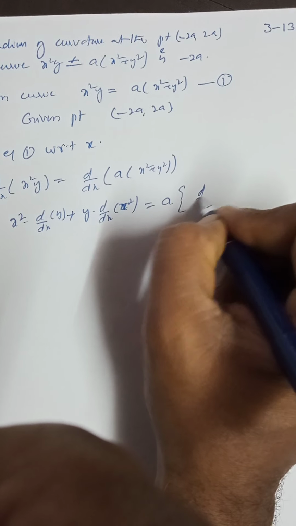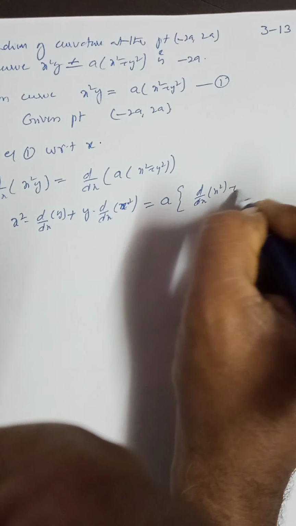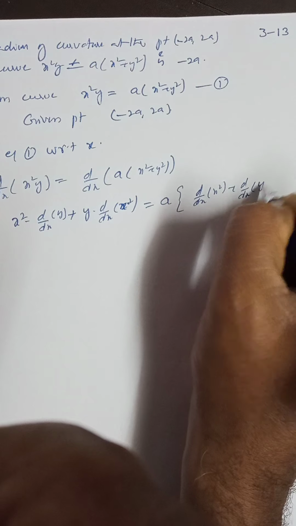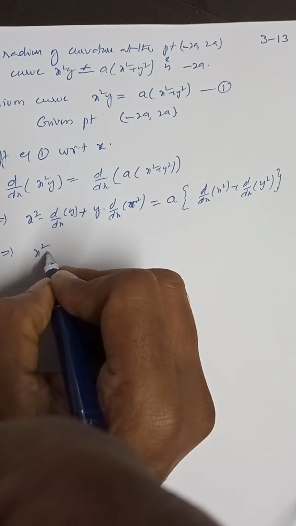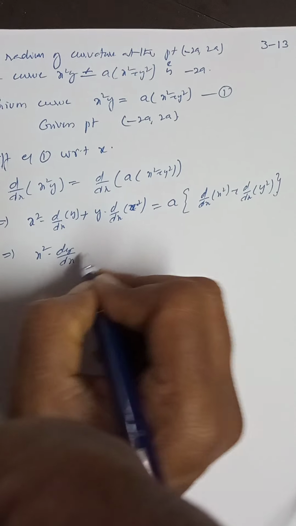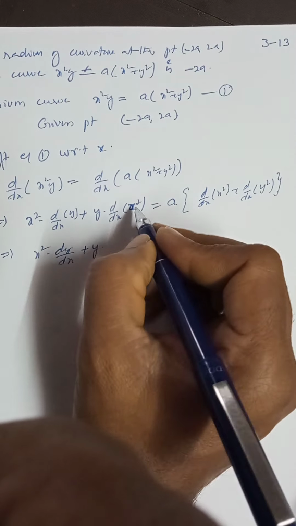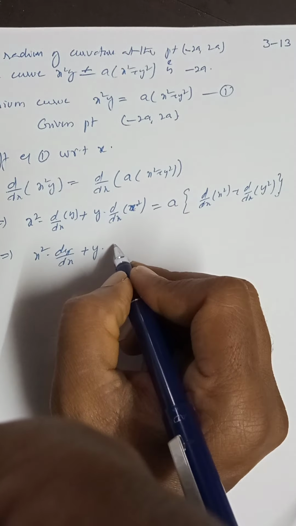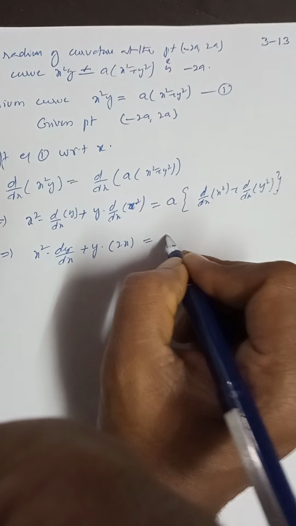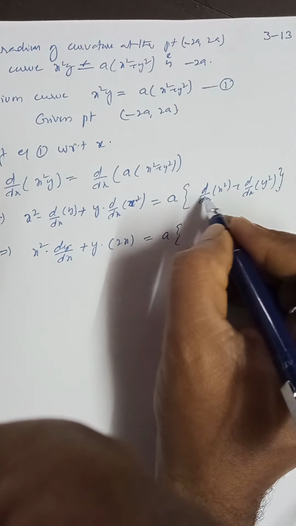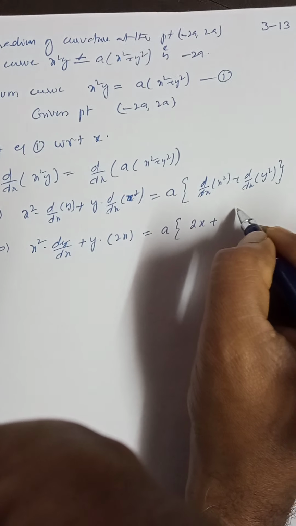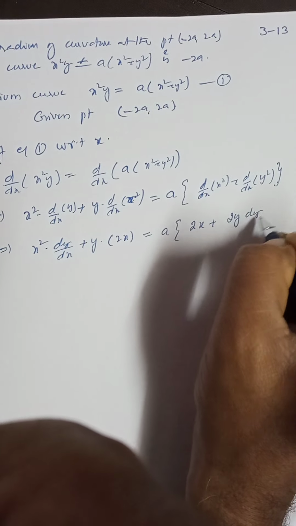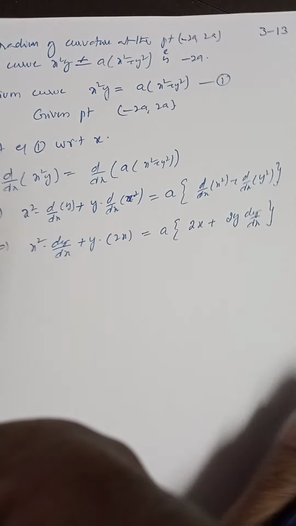This gives x square into dy by dx plus y into 2x is equal to a into (2x plus 2y into dy by dx).